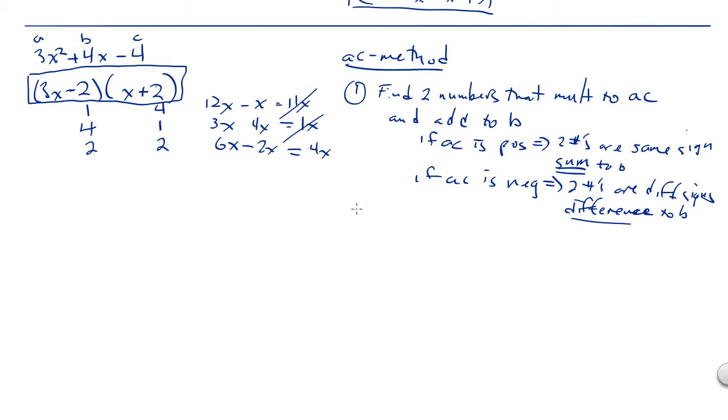Now what we do with these two numbers is slightly different. What we do is we split up the BX term, the X term, into two terms with coefficients with those two numbers that we picked.